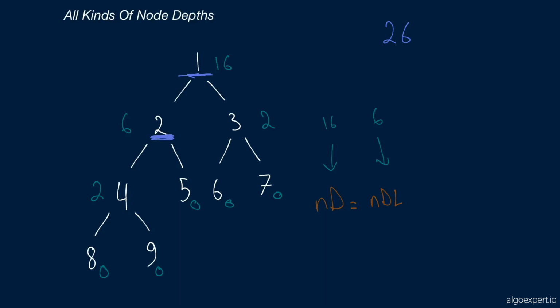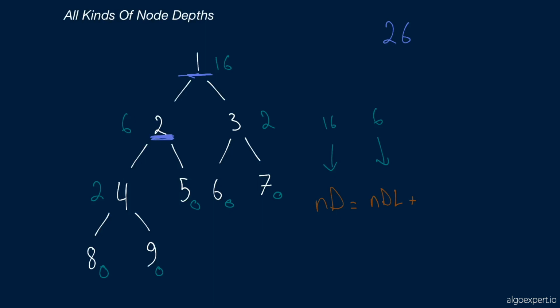So NDL plus the number of nodes in the left subtree, and that's equivalent to incrementing by 1 all of the individual depths that led us to this 6 right here. So plus the total number of nodes in the left subtree.